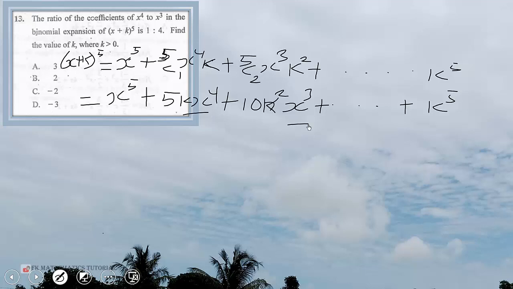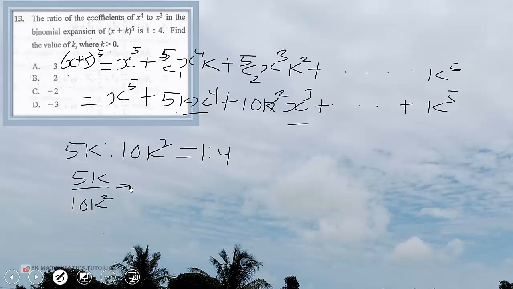So if that is the case, we have the ratio to be 5k is to 10k squared is equal to 1:4. So we have 5k over 10k squared will be equal to 1/4. So 5 will go into it 2 times, and k will go into k squared k times.